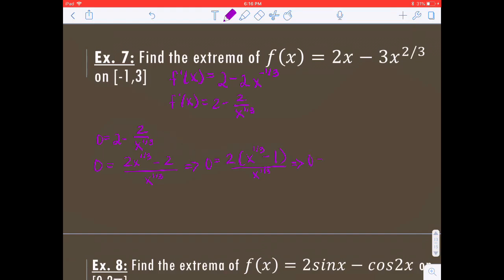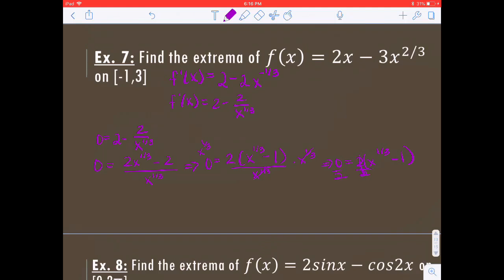Let's multiply by x to the 1/3, and these cancel out, and that's just 0. So 0 equals 2x to the 1/3 minus 1.